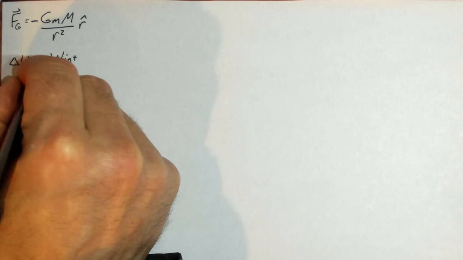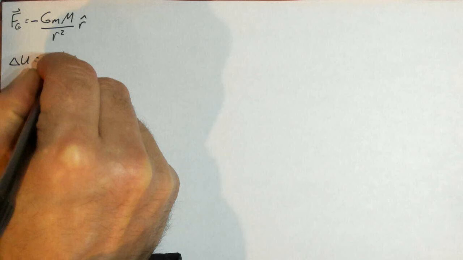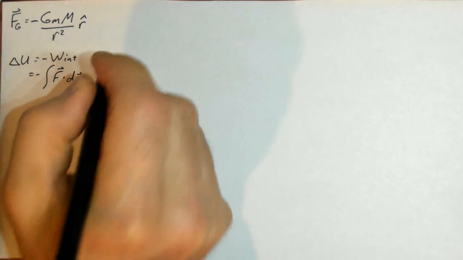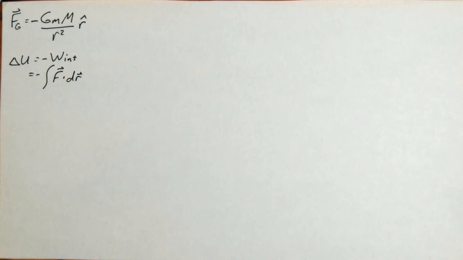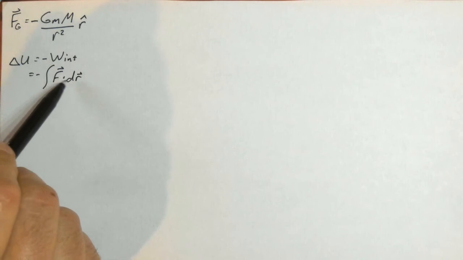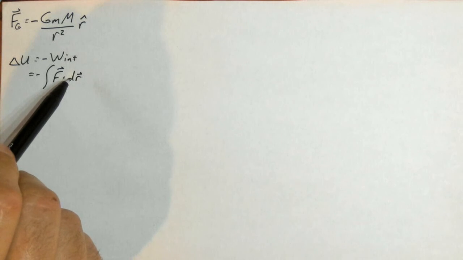Okay, well, work, we remember, is force dotted with some displacement, which I'm going to choose as dr here. And we just need to plug this into that equation and then consider a change in position.